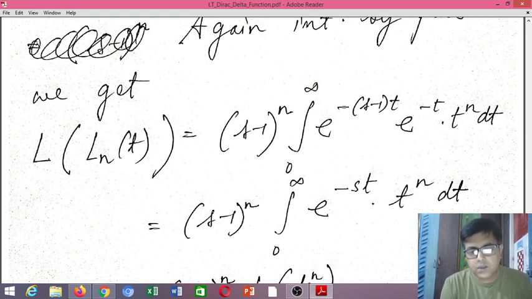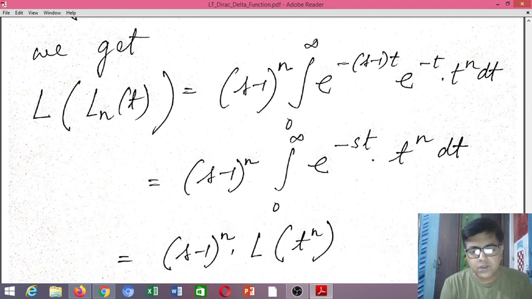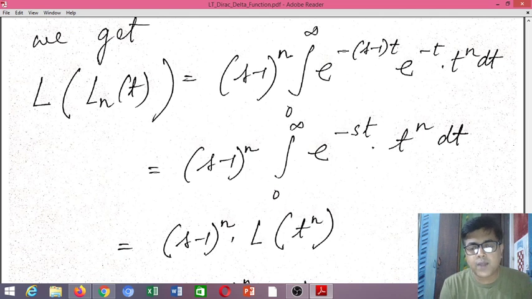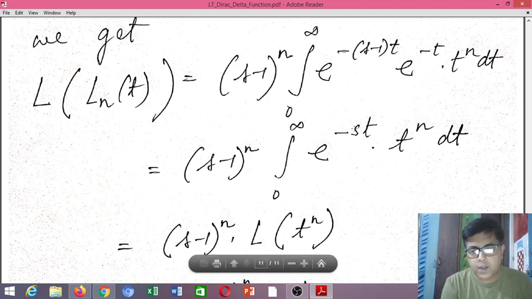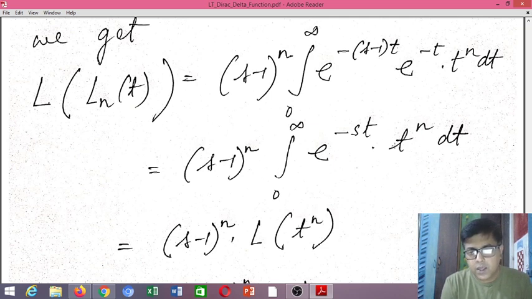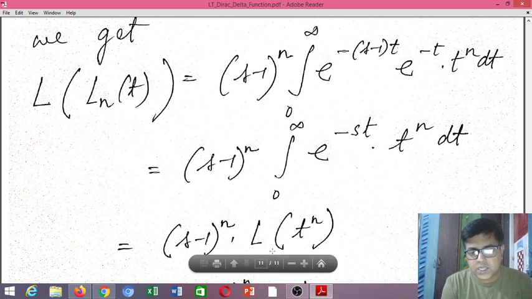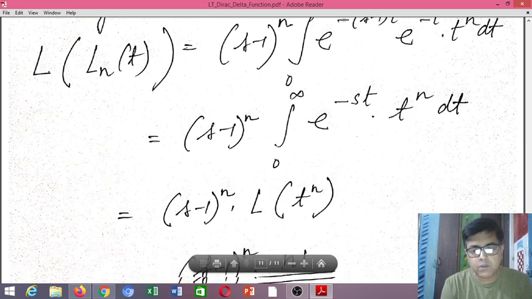So we are left with (s minus 1) to the power n integral 0 to infinity e to the power minus st into t to the power n dt. Now what is this? This is the Laplace transform of t to the power n. The integral 0 to infinity e to the power minus st into t to the power n dt is nothing but the Laplace transform of t to the power n.